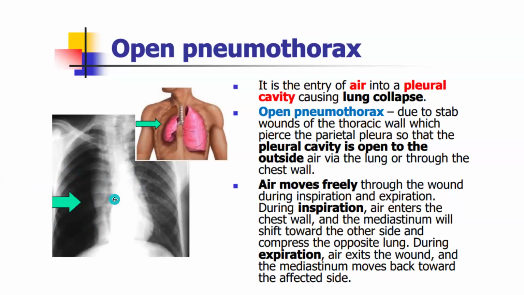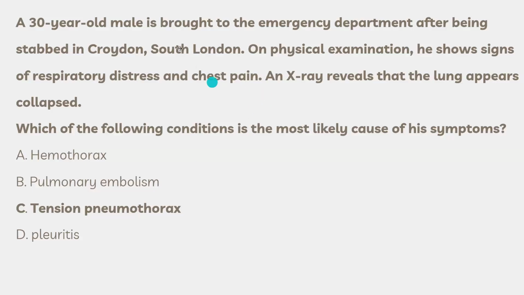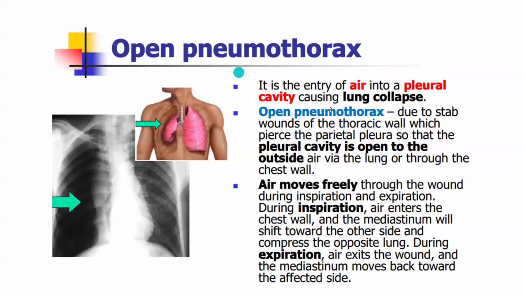The lung has collapsed. And why has it collapsed? It's because pneumothorax is mainly caused by penetrating wounds like being stabbed in the chest, which was mentioned in this question. That basically leads to the parietal pleura being pierced through and allowing the pleural cavity to be open to the outside, so air can move freely in.